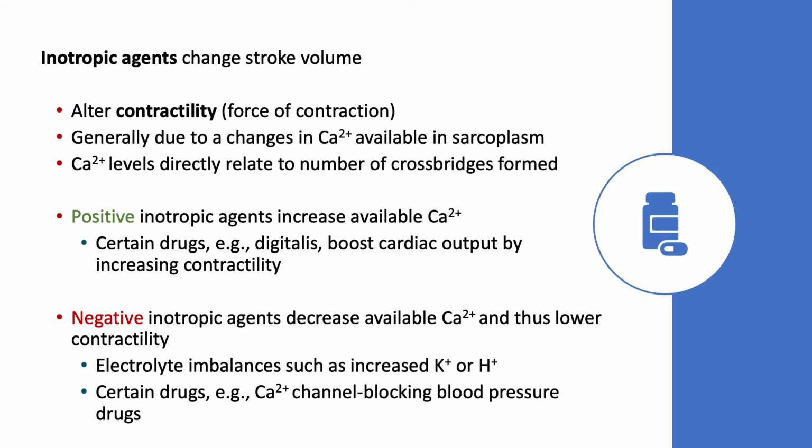Negative inotropic agents, on the other hand, are going to decrease the amount of calcium within that cell. And maybe you've heard of calcium channel blockers, right? So these drugs are going to block those L-type calcium channels and lead to less calcium being available within that cell and therefore decreased contractility, decreased stroke volume.